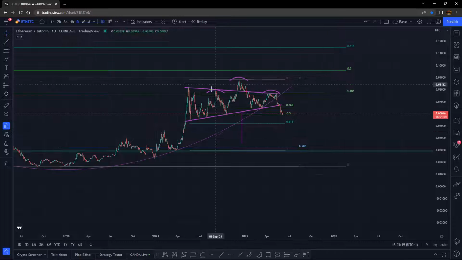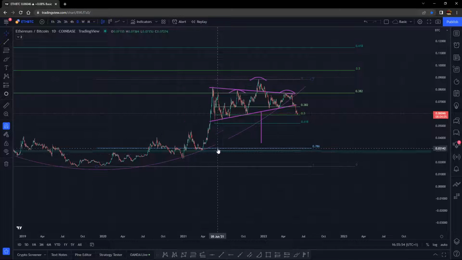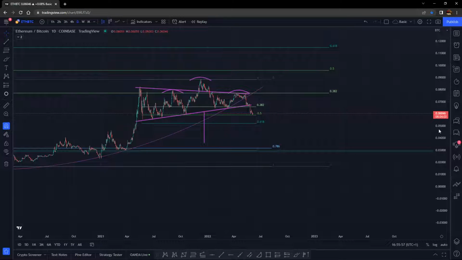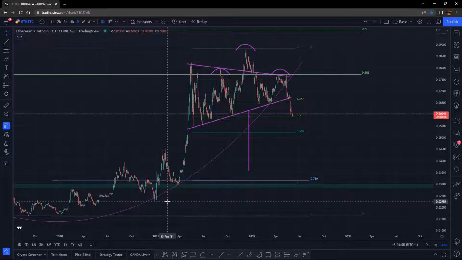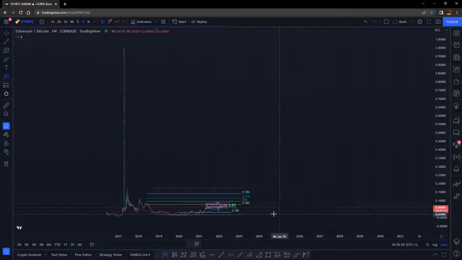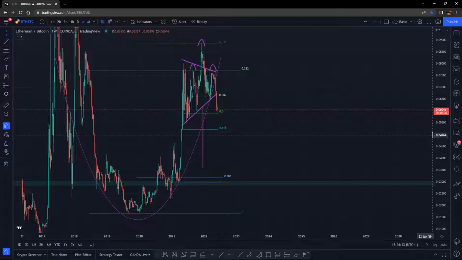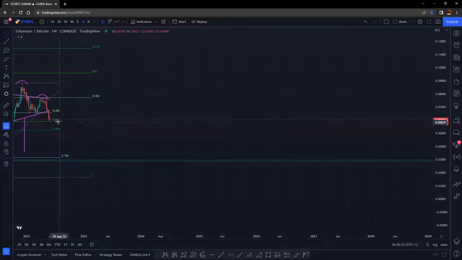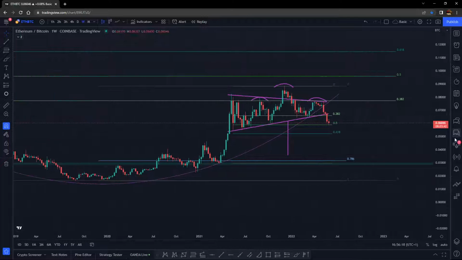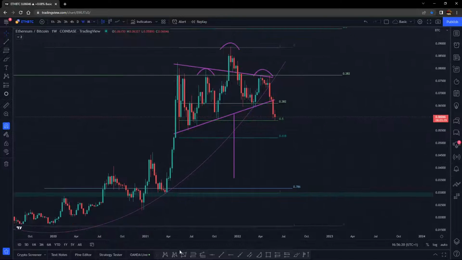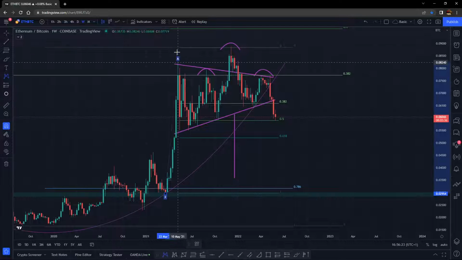So yeah, looks like some kind of head and shoulders, which would take it down to here, 786 area. Maybe we've got something on the weekly. Let's see if we could draw maybe some kind of shark.